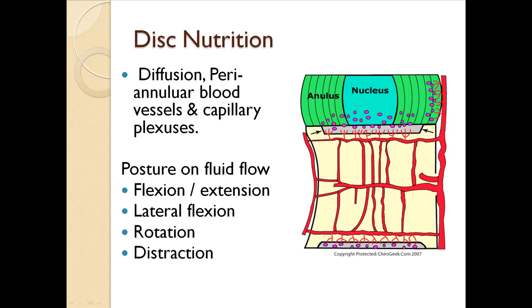Posture can have significant impacts on fluid movement, and in particular flexion, extension and side flexion are very good at improving nutrition to the disc, as this creates a pumping effect to the blood vessels themselves.